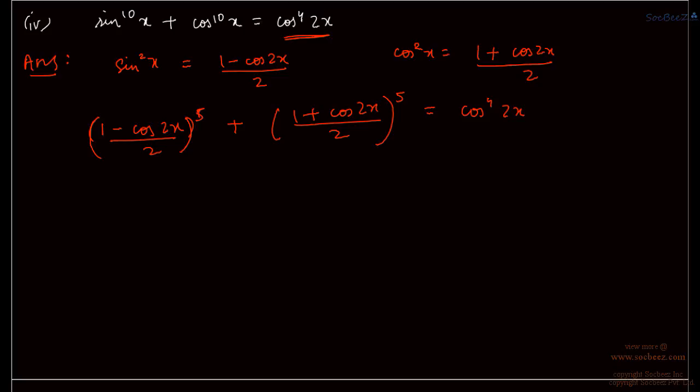So I should get 32 on the right hand side. And here I get 1. Now, if you know binomial theorem, this is pretty simple to expand.